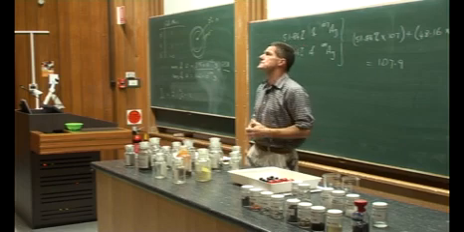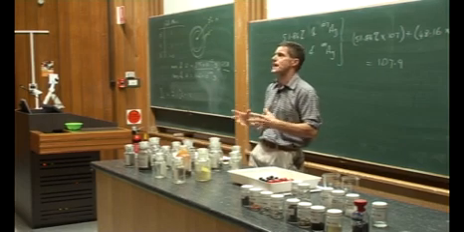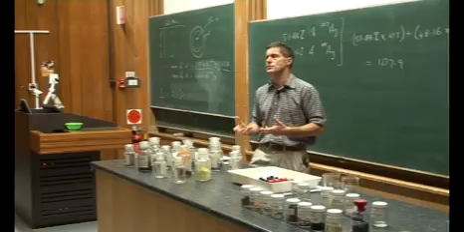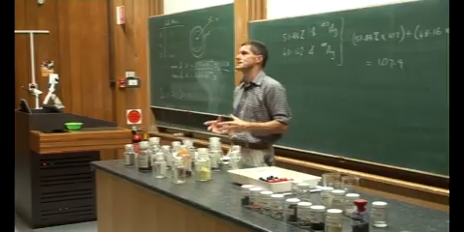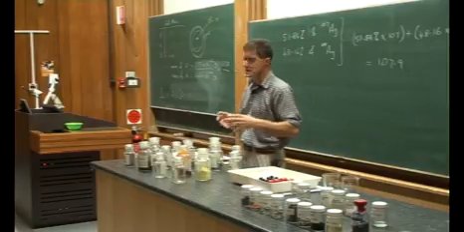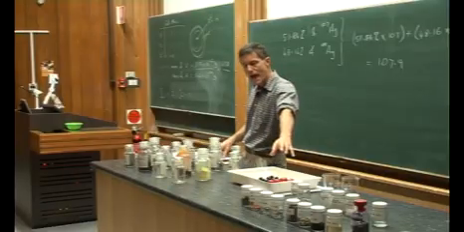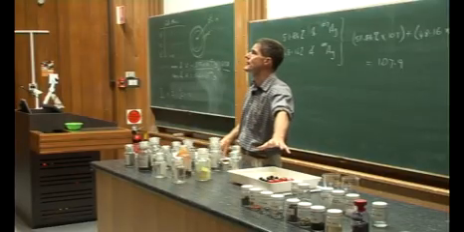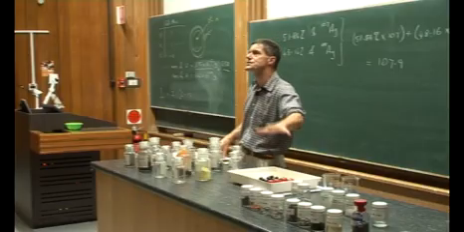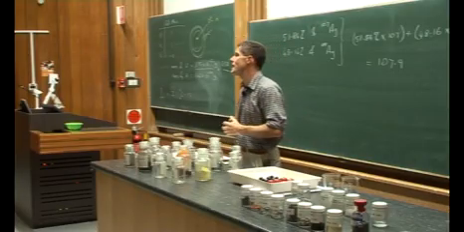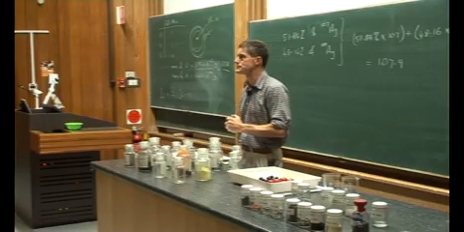We call this concept the mole concept. It's a scaling factor that enables us to take atoms, molecules, from an atomic scale up to quantities that we can measure in the lab.